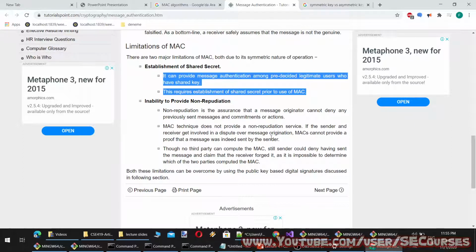So to be able to use MAC, we need to somehow exchange, or let's say distribute, the secret key. The secret key could be distributed physically or with some other encrypted method. However, it has to be distributed previously to be able to use the MAC algorithm.